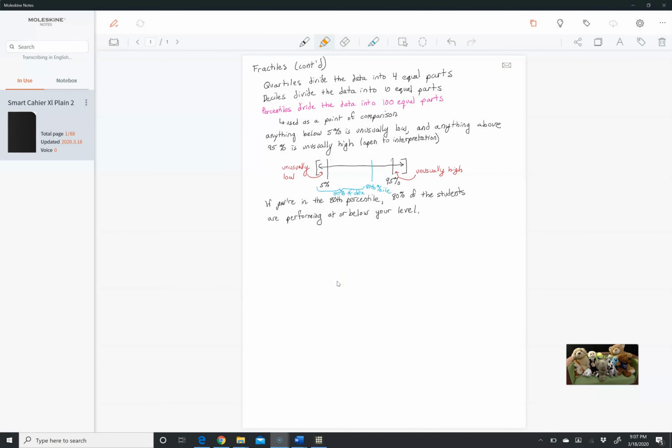Okay, so let's start thinking about how we would calculate these percentiles. As I said, we don't want to divide our data set into 100 pieces because sometimes there's less than 100 pieces of data. So in order to find the percentile that a piece of data is in, we can actually set up a really, really simple formula.